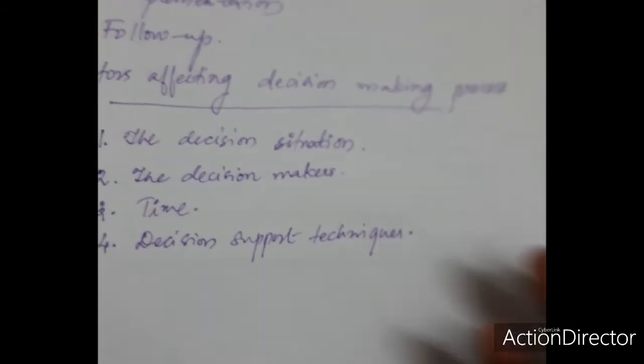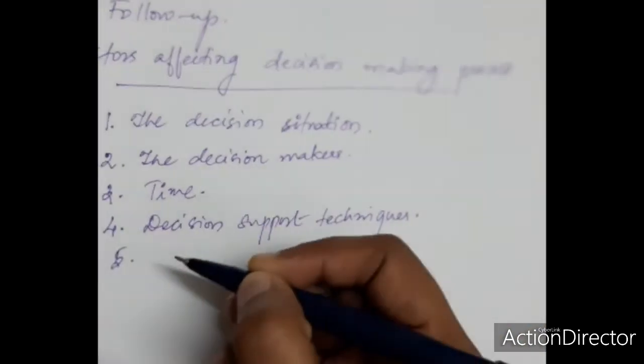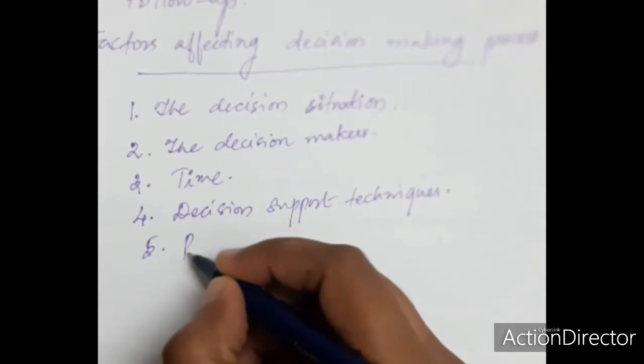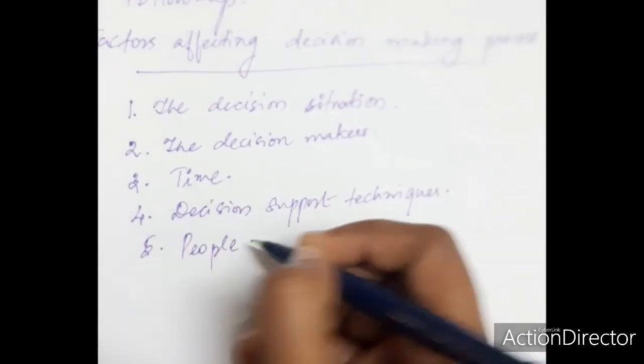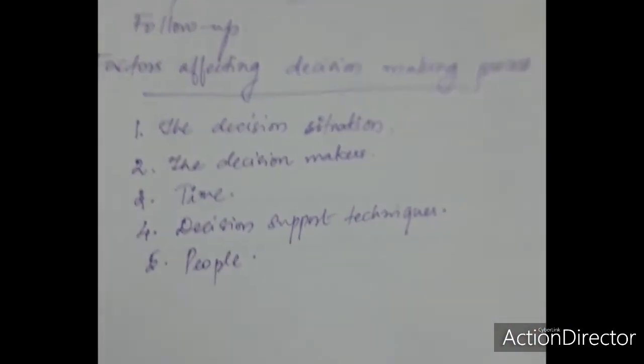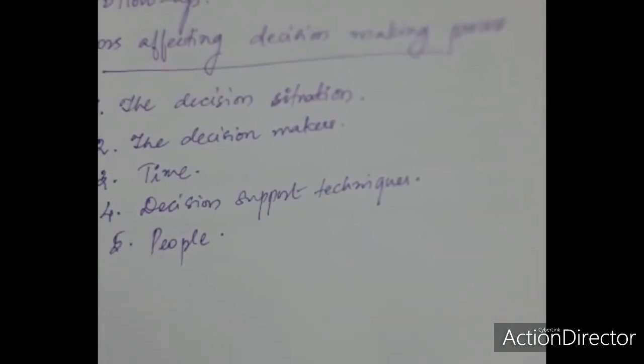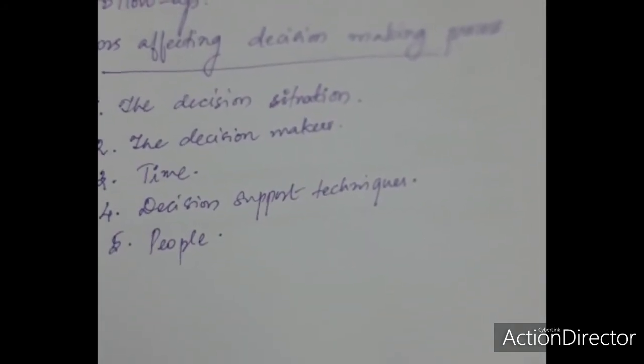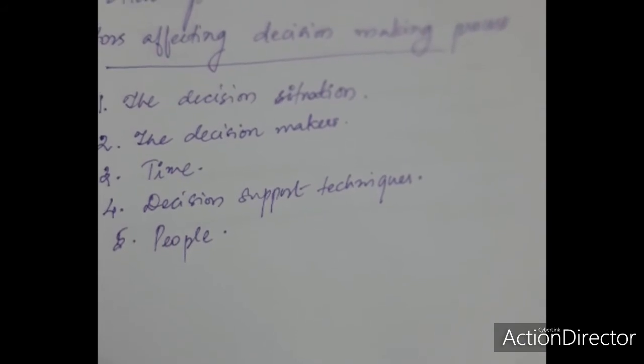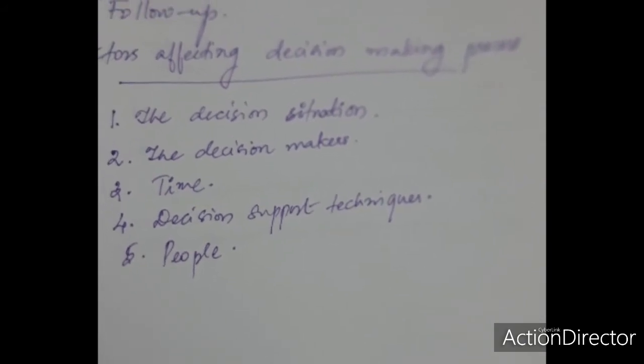And finally, the people affected by the decision. People who are likely to be affected by a decision will have direct or indirect influence on the outcome of a decision.